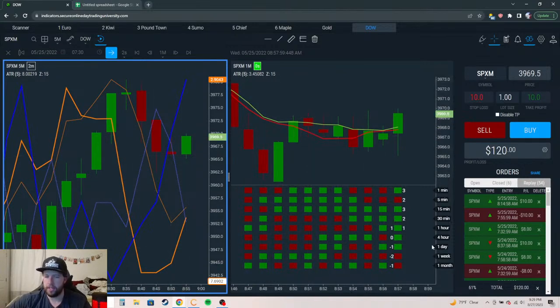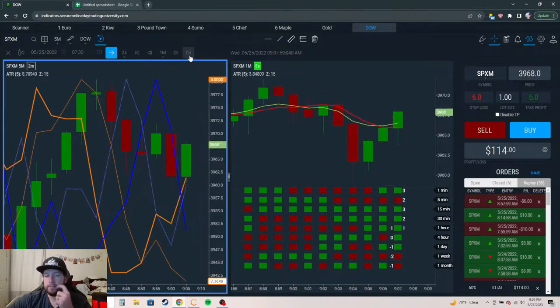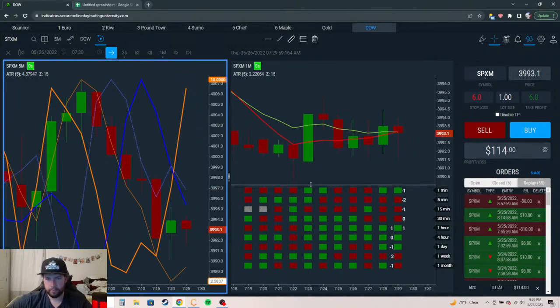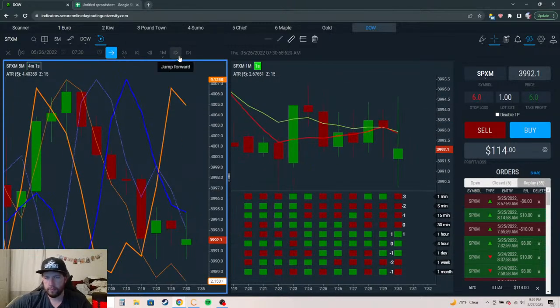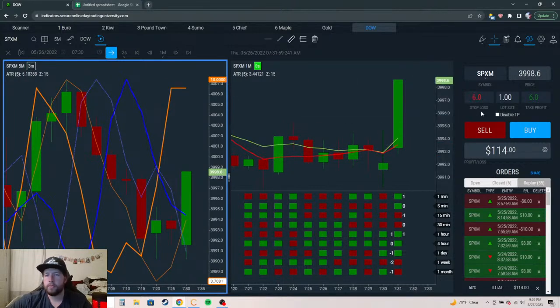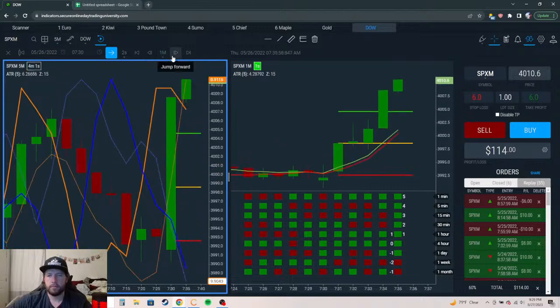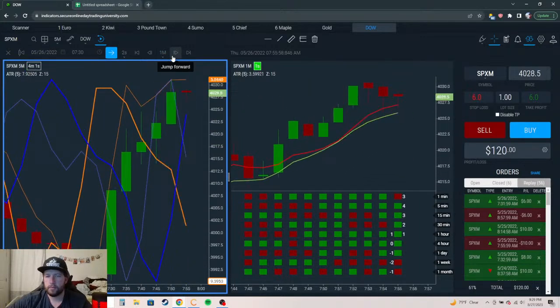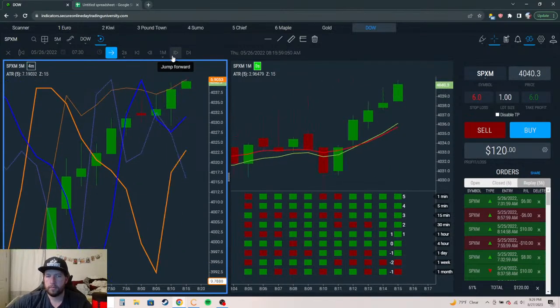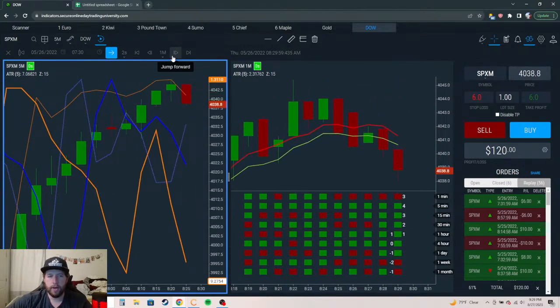I just want to know what the percentage win rate is with this strategy that I'm testing in this time frame. So far it's looking pretty good. Wow.